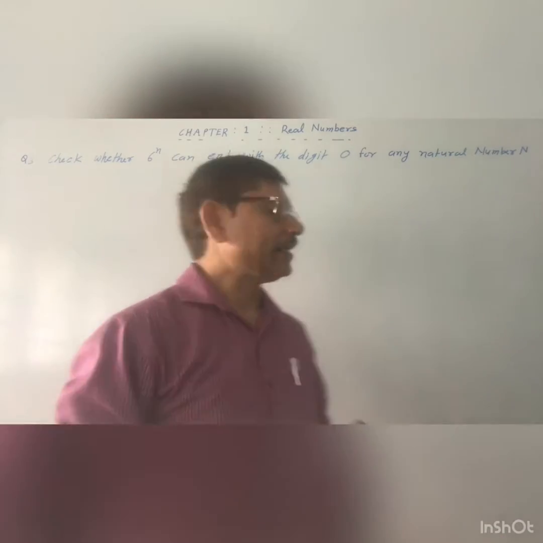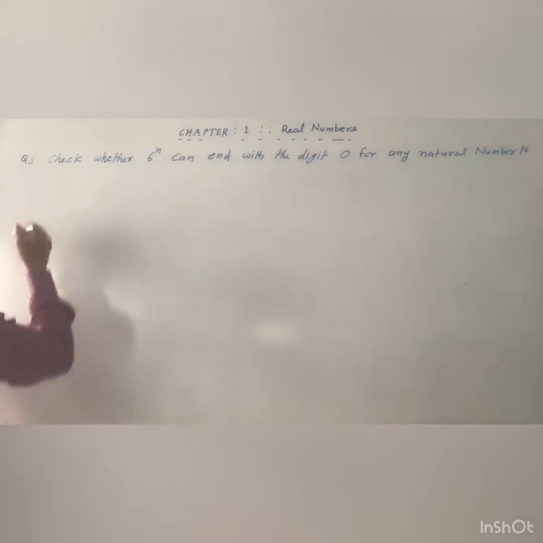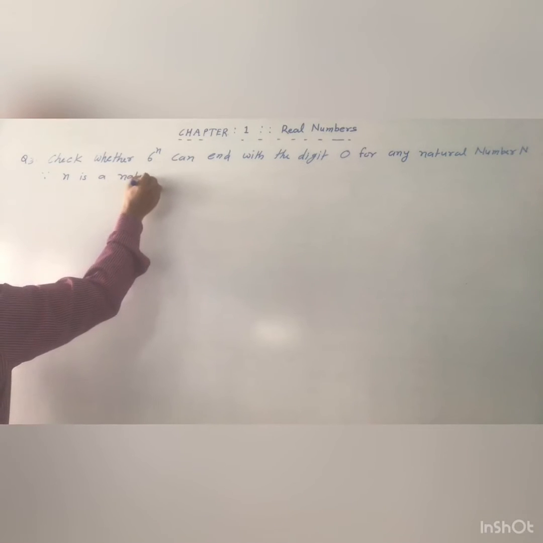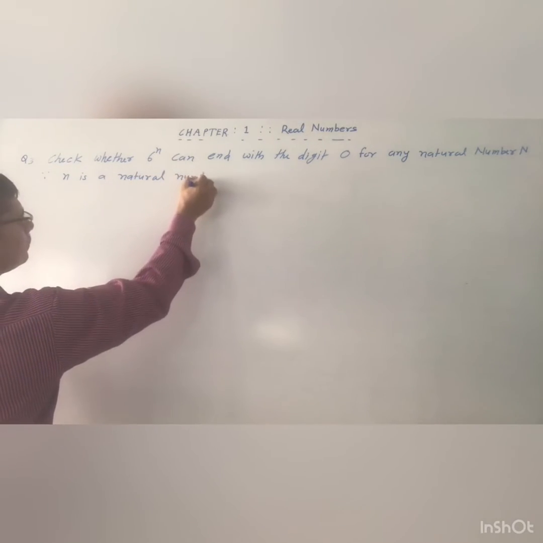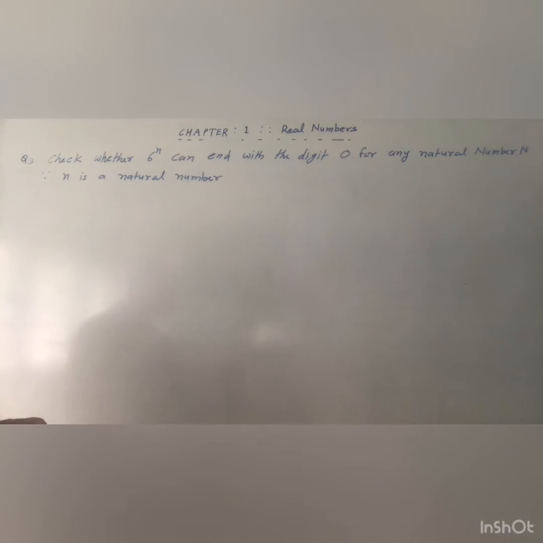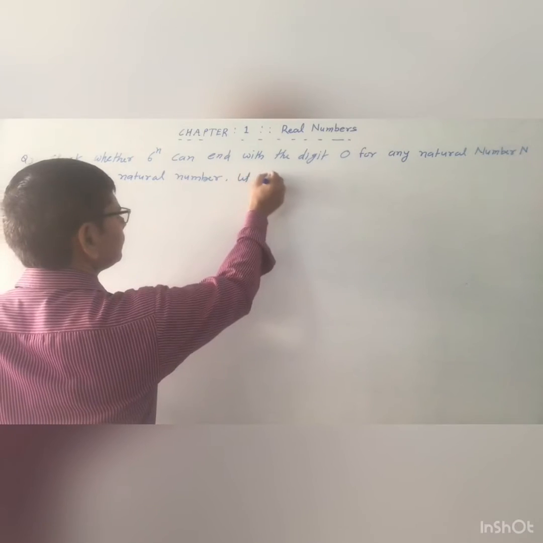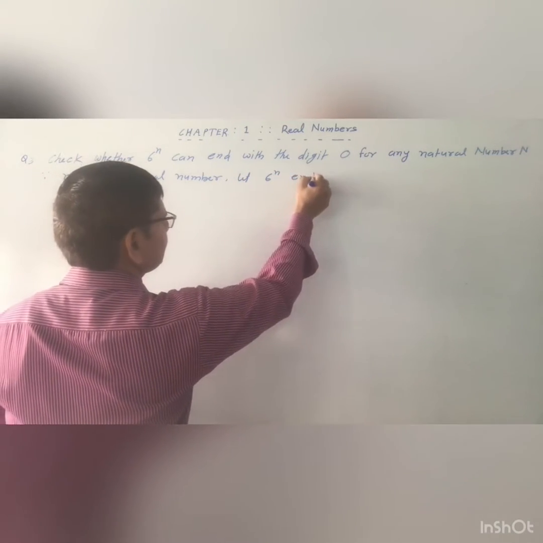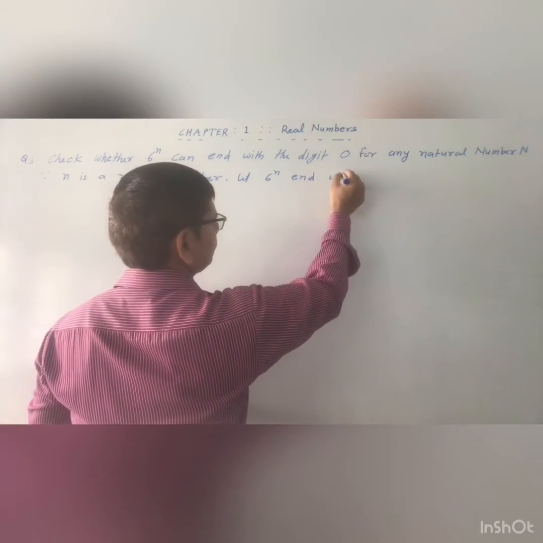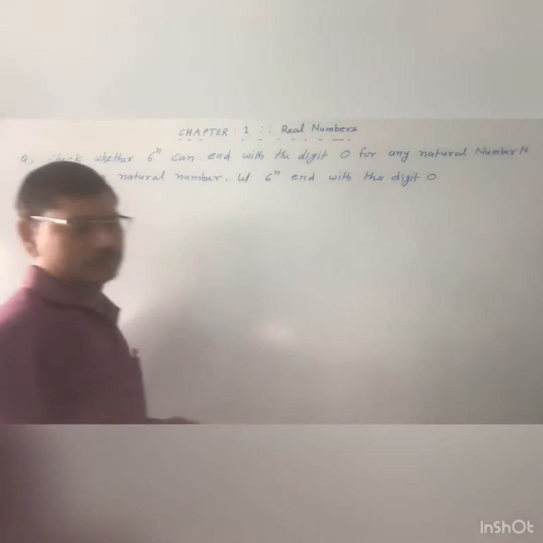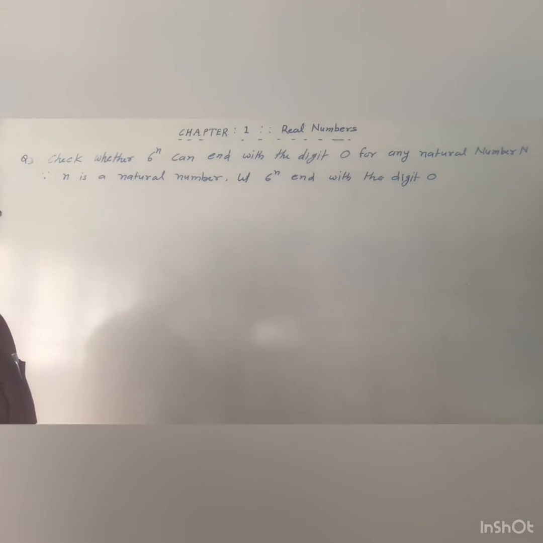Okay dear, since n is a natural number, we can take, let 6 raised to the power n end with the digit 0.